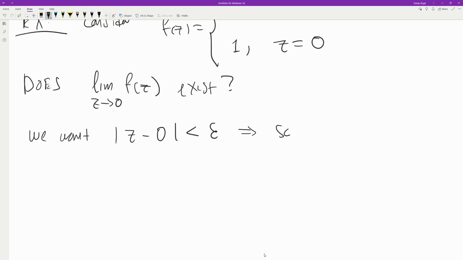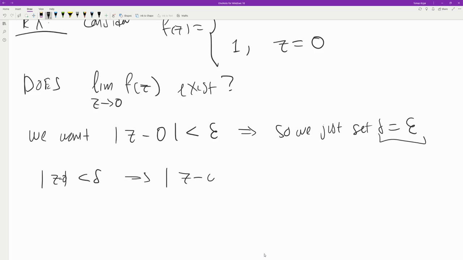So we just set delta to be epsilon, right? So yeah, if you have |z| less than delta, then that gets mapped to less than epsilon.